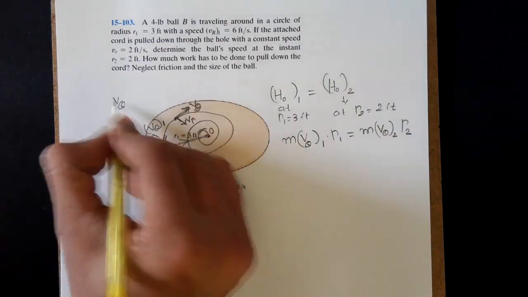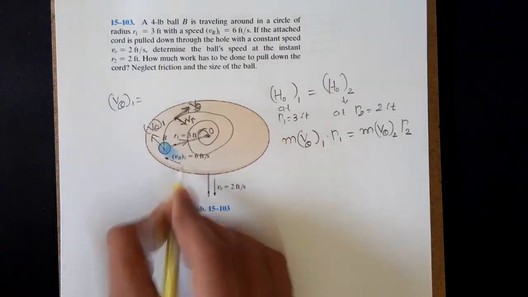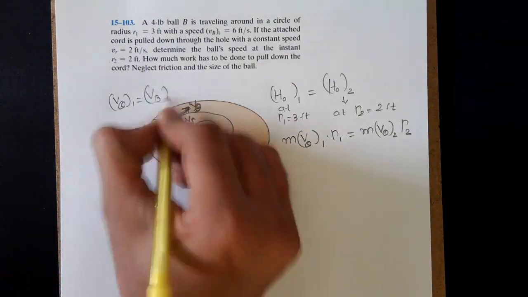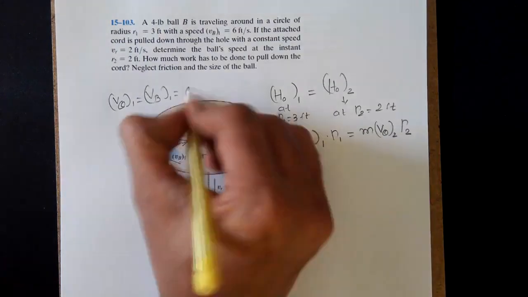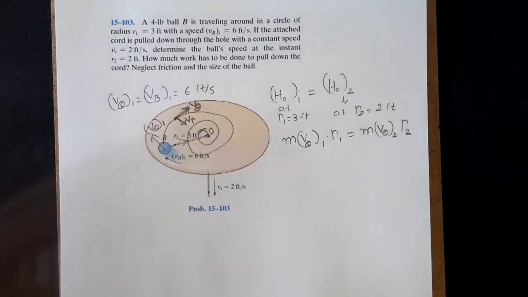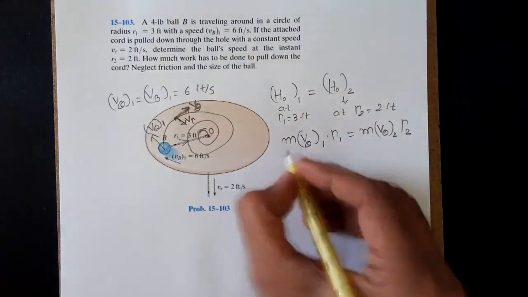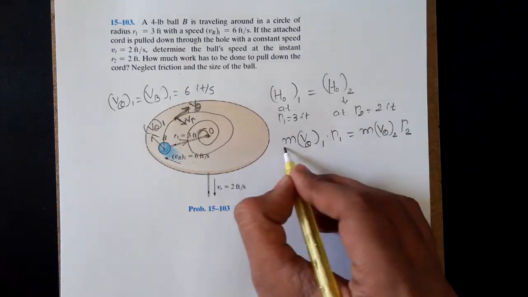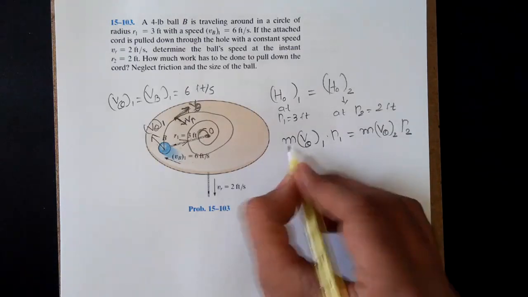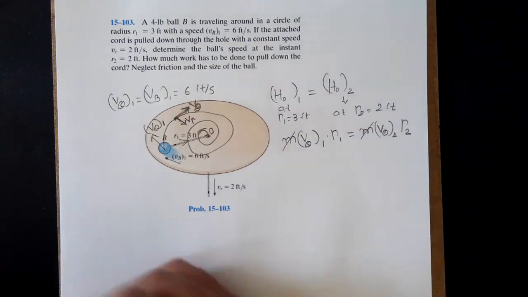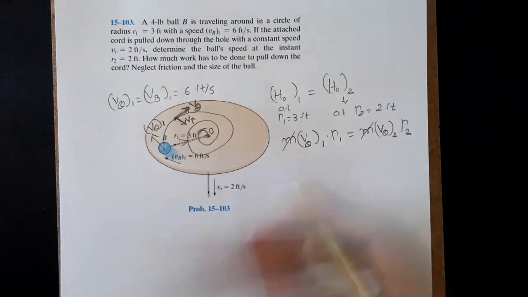V theta 1 is the same as Vb1, and that's given as 6 feet per second. We don't have to worry about converting mass from pound to slug because it's the same mass on both sides, so this will get cancelled.